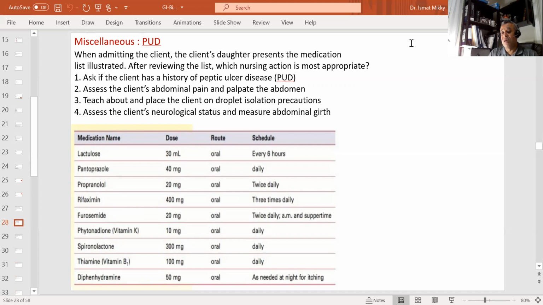Neurologic status assessment checks for behavioral changes. The patient sometimes becomes combative and agitated because of the change in mental status, which is due to encephalopathy, from the accumulation of ammonia because of the liver cirrhosis.